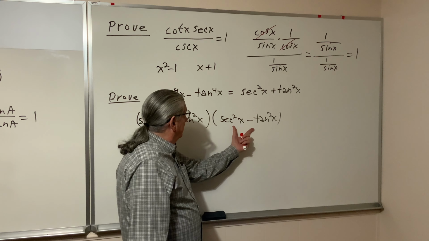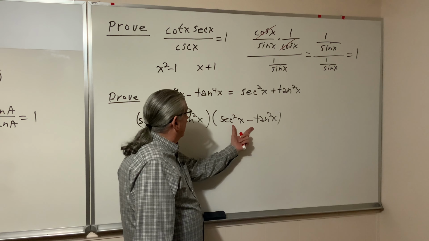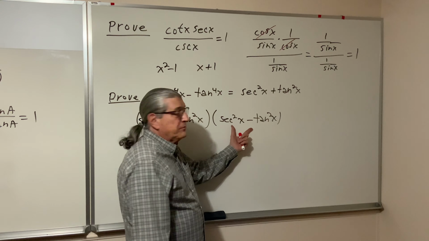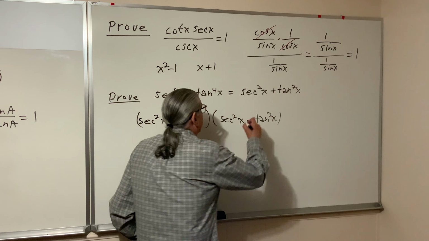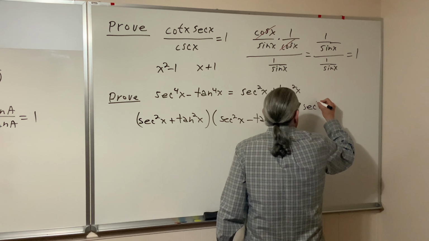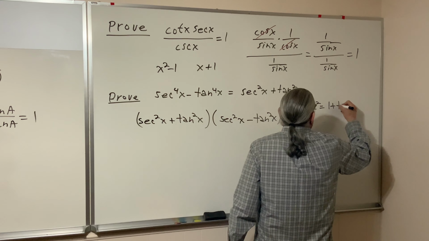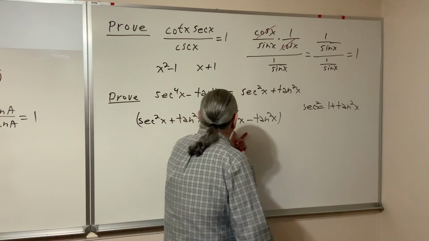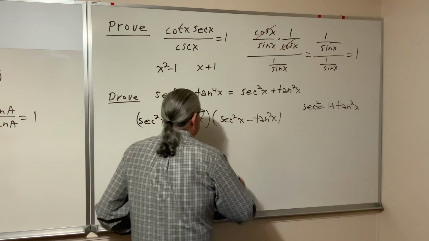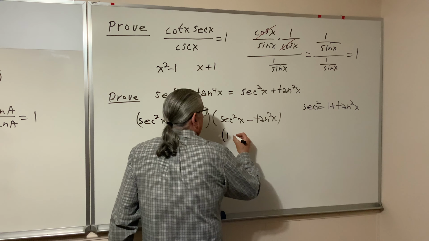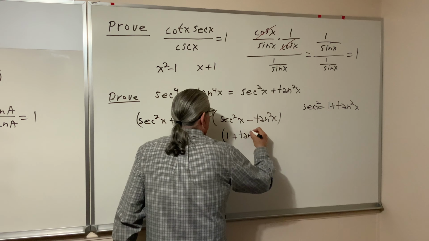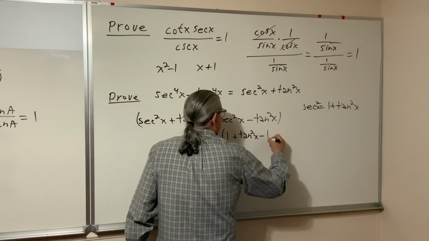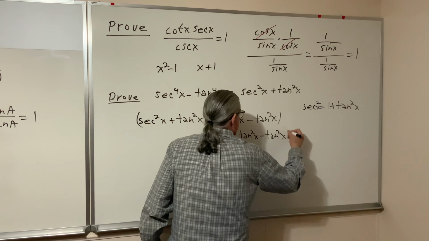Now, the secant squared is equal to 1 plus the tangent squared. So let's replace that right here. This is 1 plus the tangent squared x, and we're subtracting a tangent squared x.